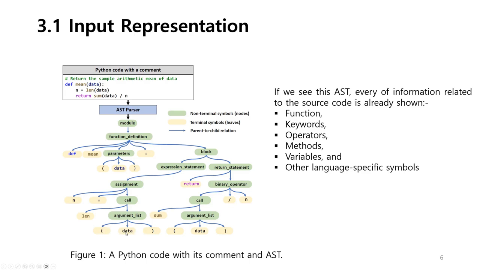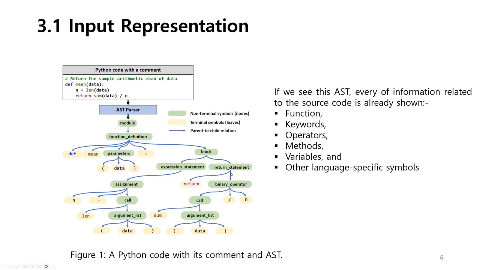Then the actual source code tokens will be represented in such a way. The same process will go to the return statement. So if we see in this AST tree, every part of the source code, including the language specific symbols, is already available here. Whenever we talk about functions, keywords, operators, methods, variables, and so on.